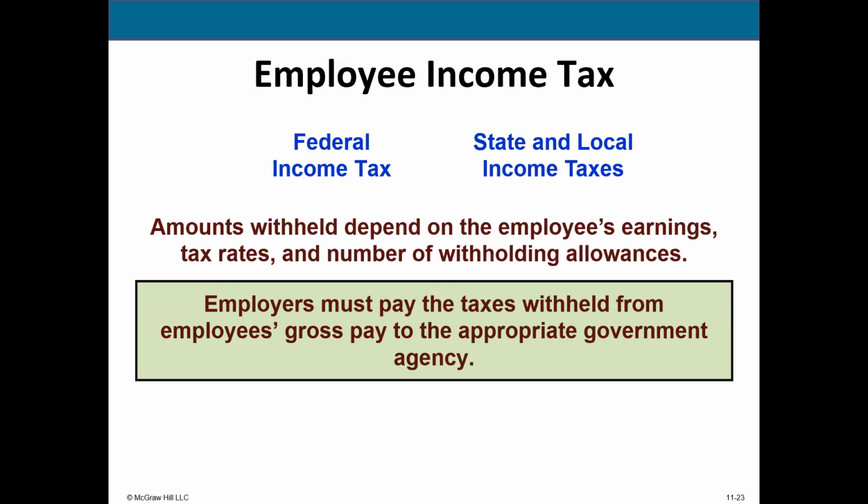It's usually a percentage of your gross pay. It might be anywhere from 12% all the way up to, I think the highest tax bracket is at 32%, something like that. I forget. It might be higher than that. Either way, your employer withholds these taxes and remits them to the federal, state, and local agencies.